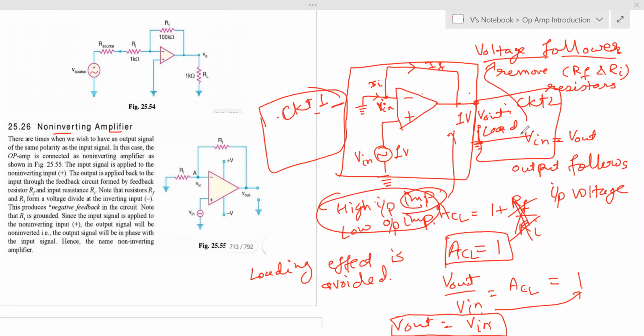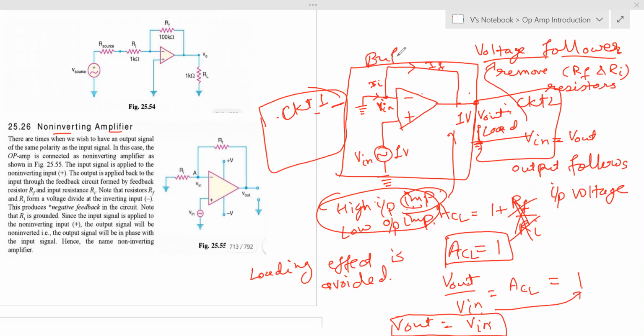When we connect any two circuits, matching of impedance is very necessary. Otherwise, the circuit may get damaged due to excessive current. That will be avoided with the help of this voltage follower circuit.